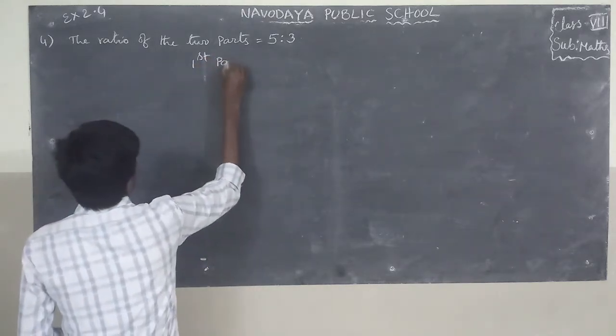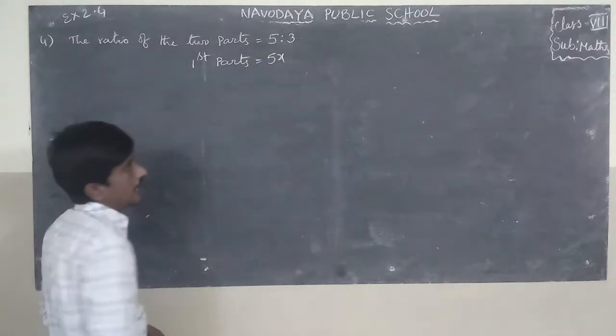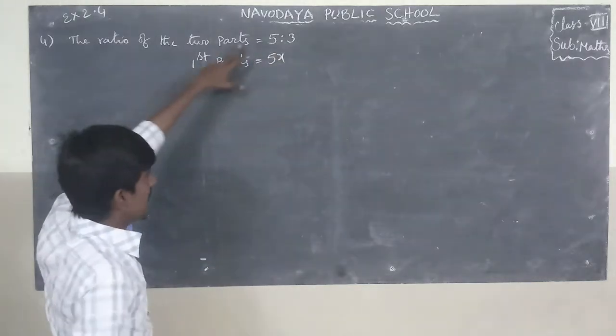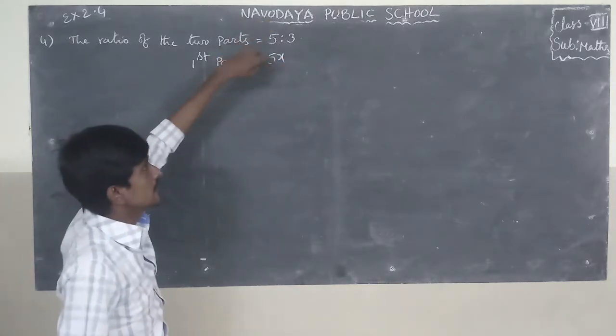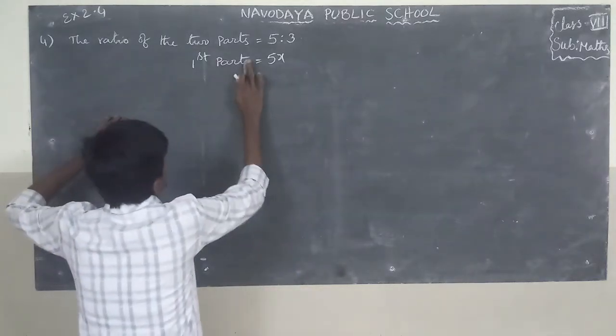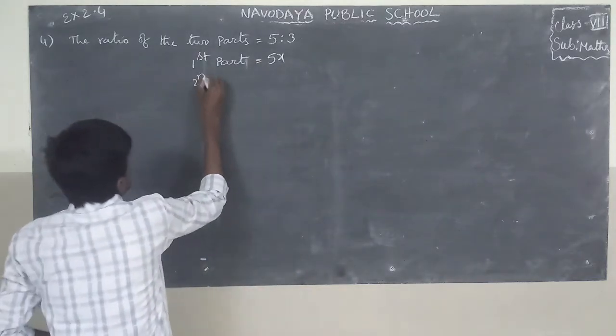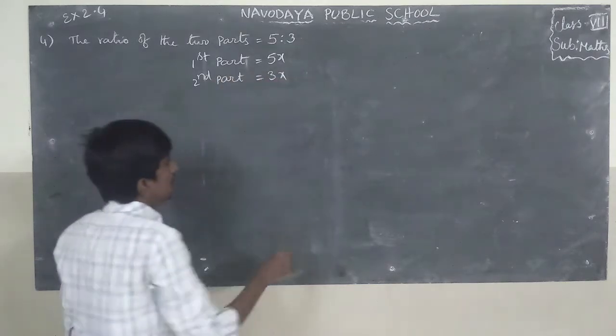First part equals 5x. If the two parts are in the ratio given, then immediately the ratio can change to numbers. First part equals 5x, second part equals 3x.